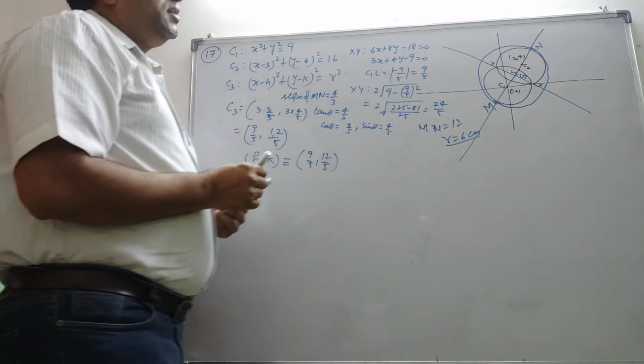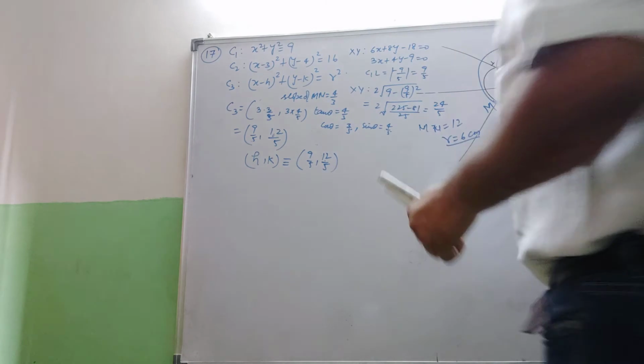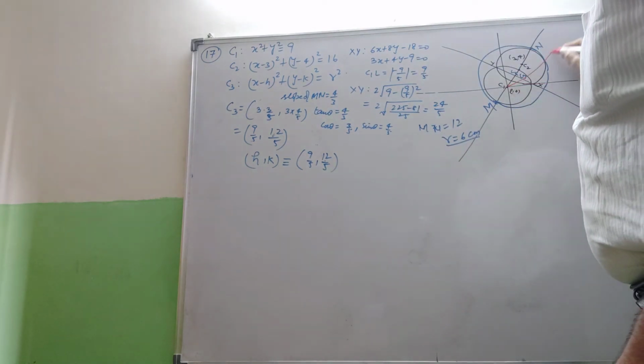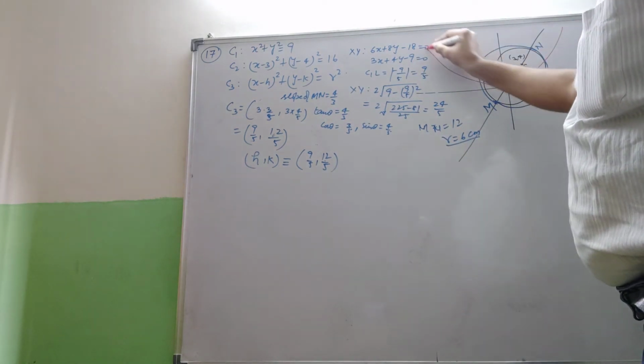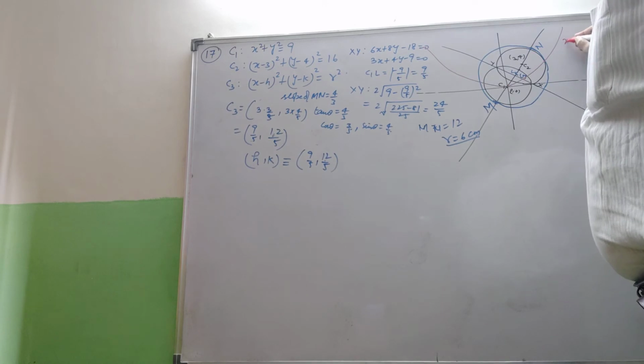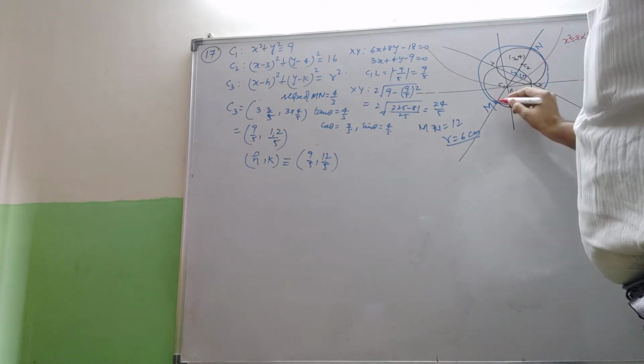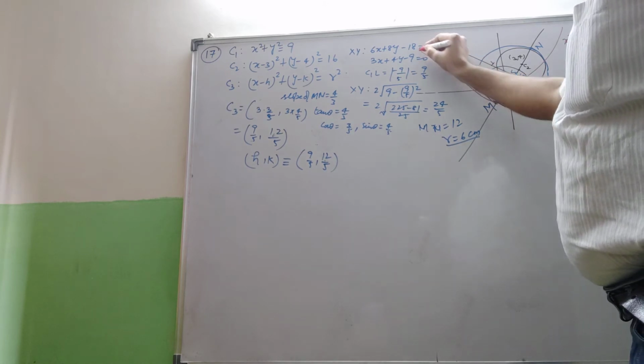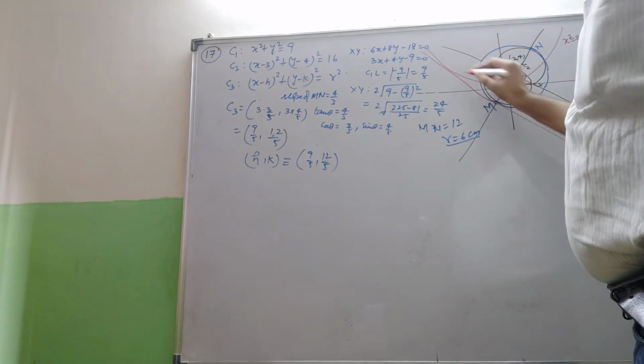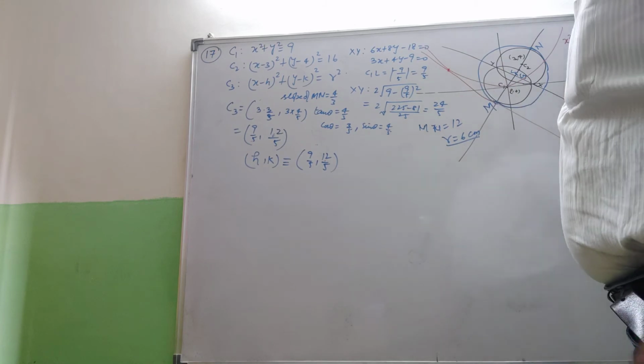Here one more condition is also given, that we have a parabola x square is equal to 8 alpha y, and the tangent at M is also tangent to this parabola.